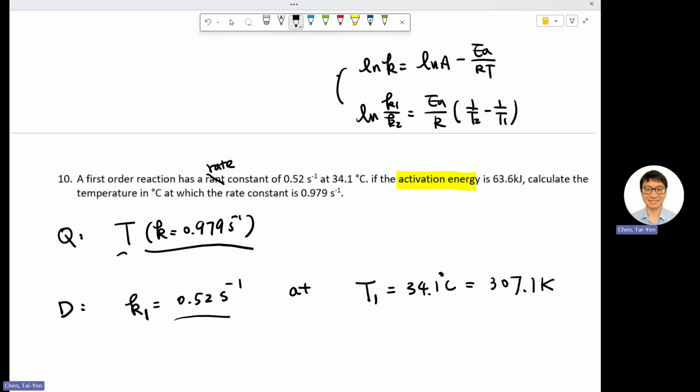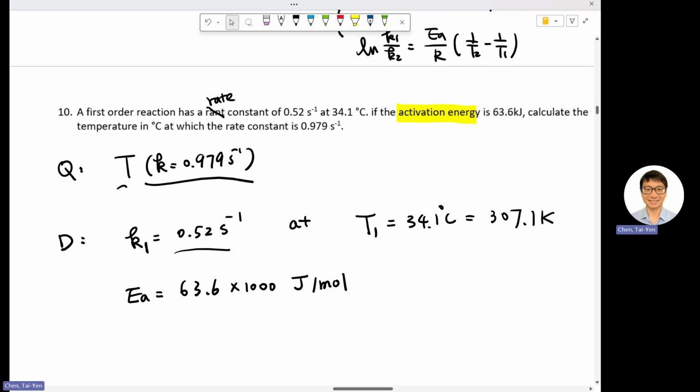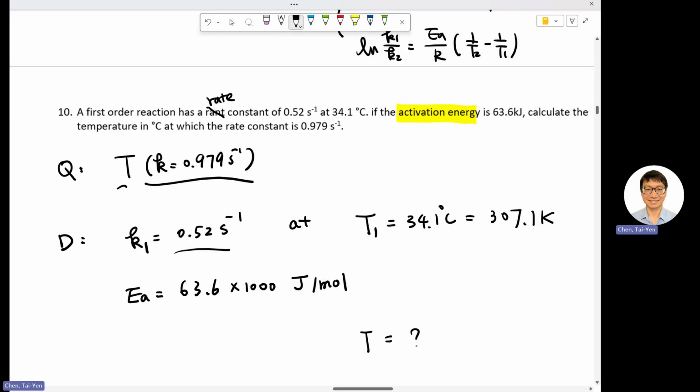And then it says EA is 63.6 kilojoules, right? So I multiply by 1,000 joules per mole. Okay. So you want to know the temperature equal to a certain number where your K equals 0.979.